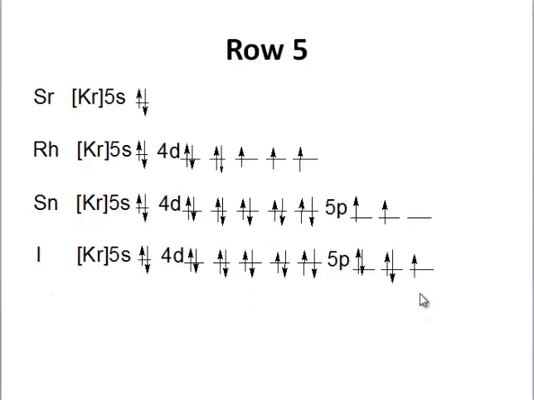Iodine, we predict a total of 5 5p electrons, so we have more electrons in the p subshell of the orbital diagram. Notice the similarity of tin to carbon and of iodine to the other halogens in terms of its arrangement of s and p electrons.